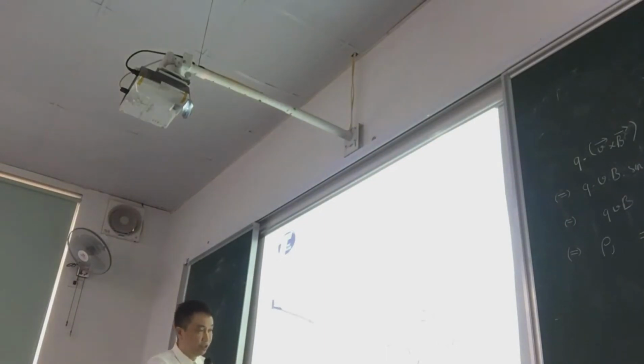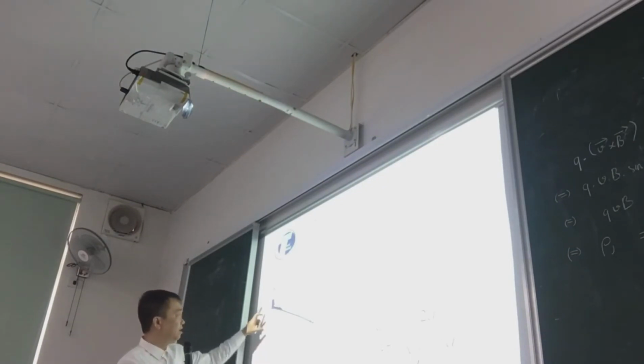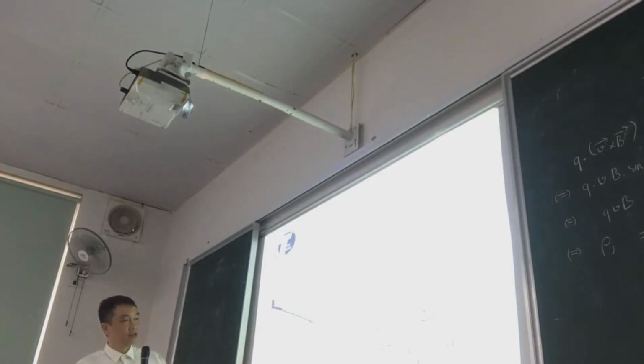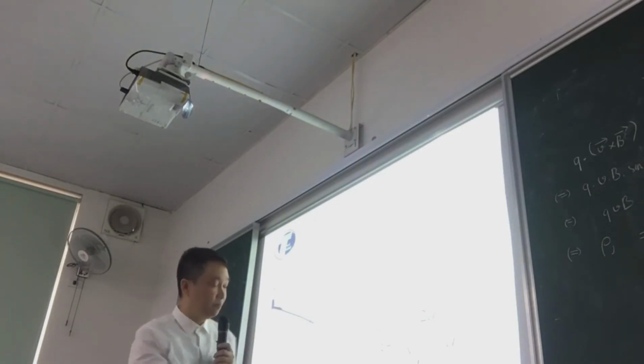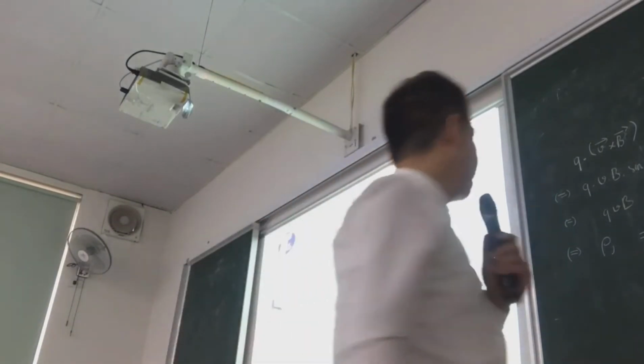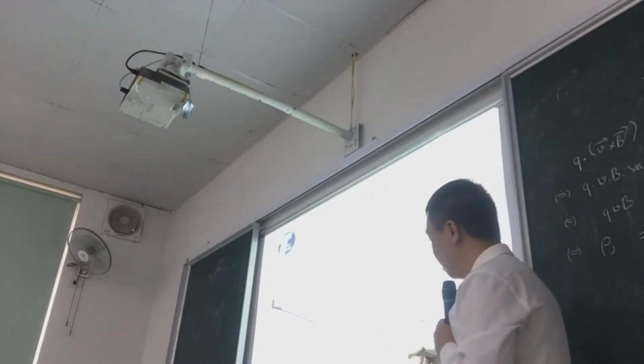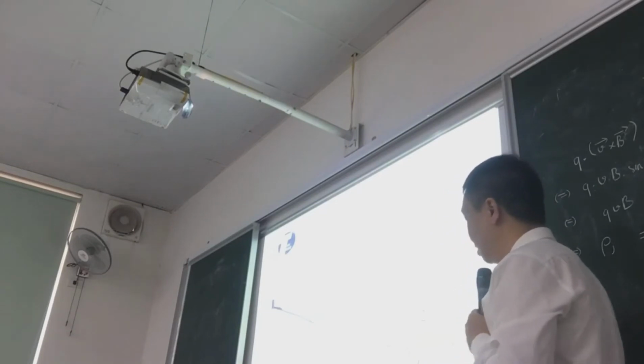So now we continue to expand the result. For example, in the limit case, if a is much greater than x, it means that we have a long line. What happens if a is much greater than x? We take the limit from this formula.